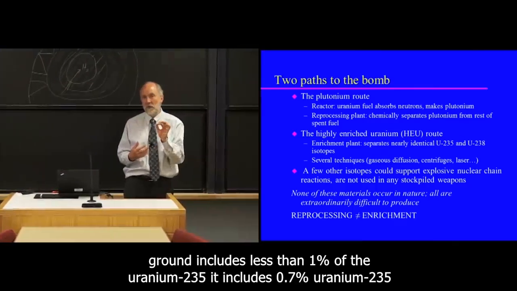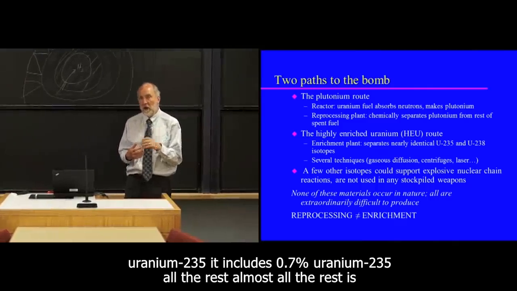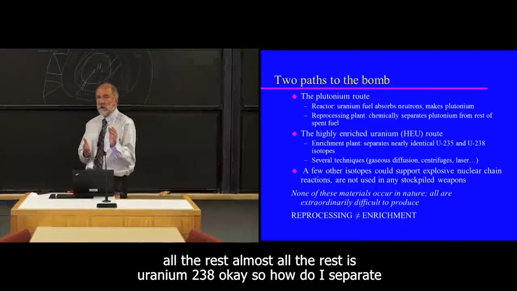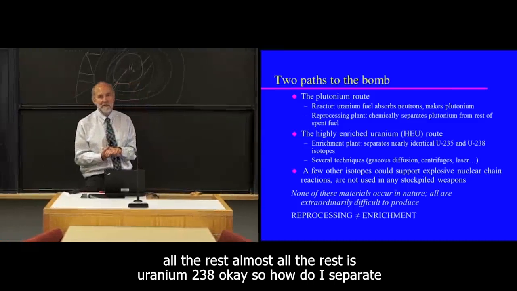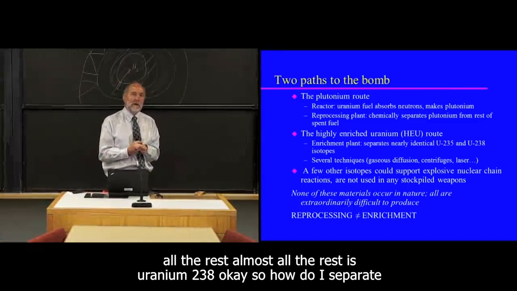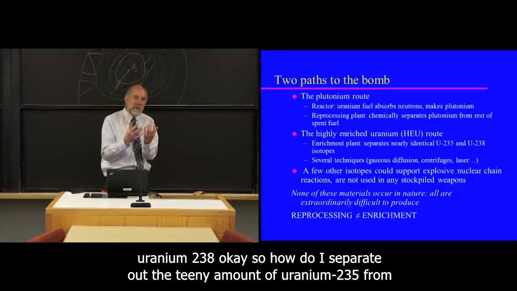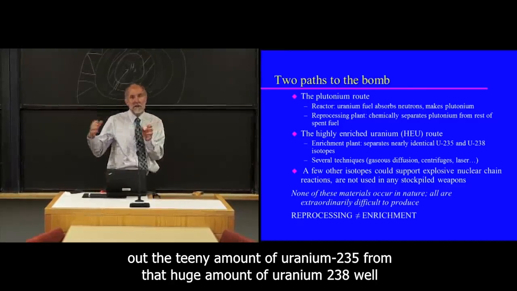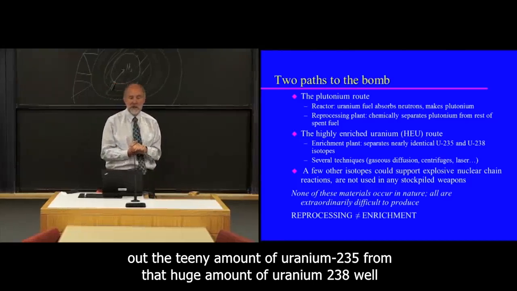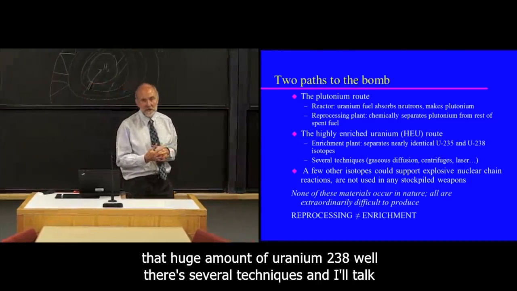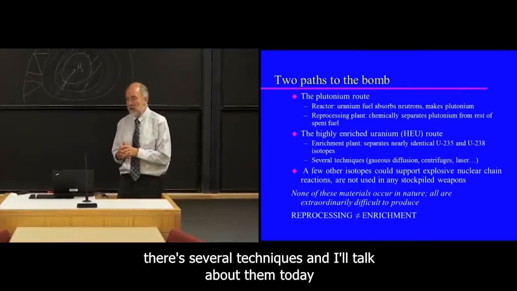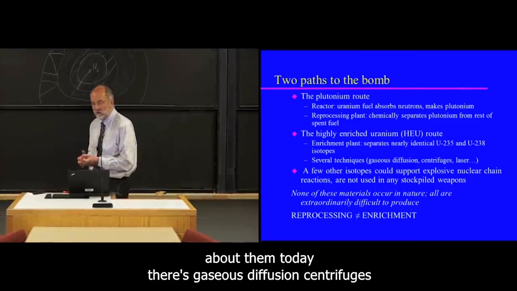It includes 0.7% uranium-235. All the rest, almost all the rest, is uranium-238. So how do I separate out the teeny amount of uranium-235 from that huge amount of uranium-238? Well, there are several techniques, and I'll talk about them today. There's gaseous diffusion, centrifuges, laser.